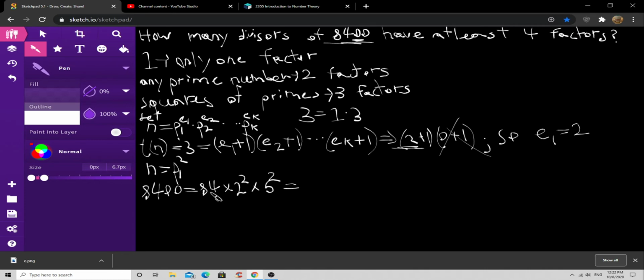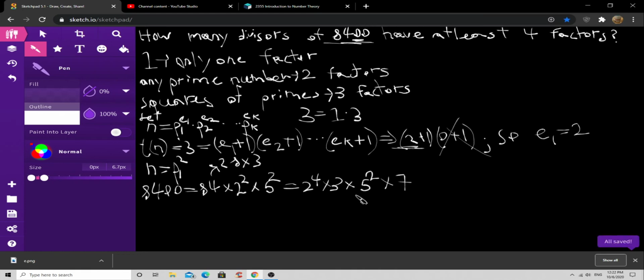And 84 is 2 squared times 3 times 7. So 8400 is 2 to the 4 times 3 times 5 squared times 7.